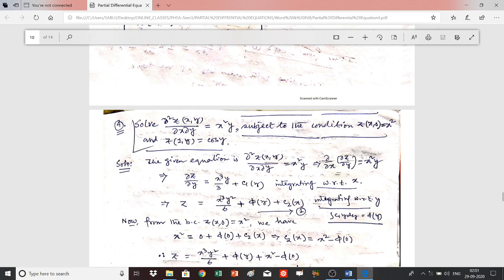And in that case x was taken as constant, so the other constant will be c2 into x, c2 a function of x. So this is equation number 1.